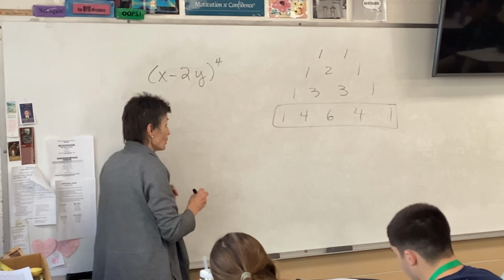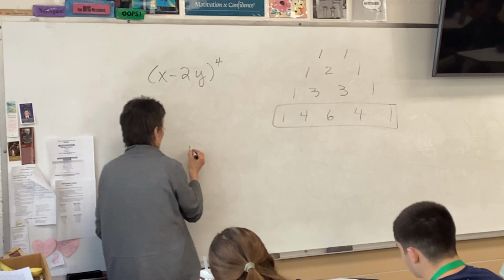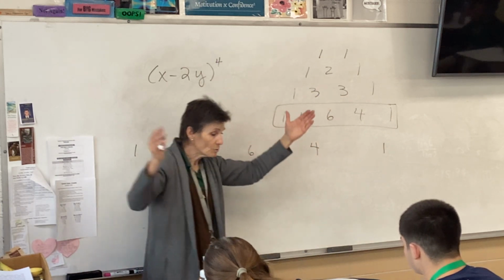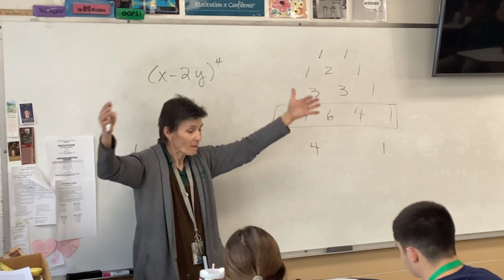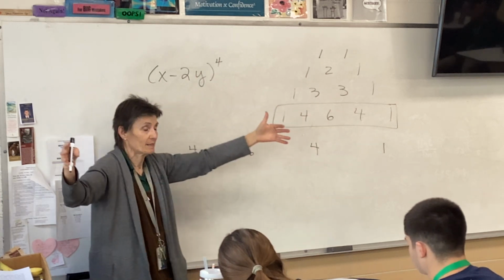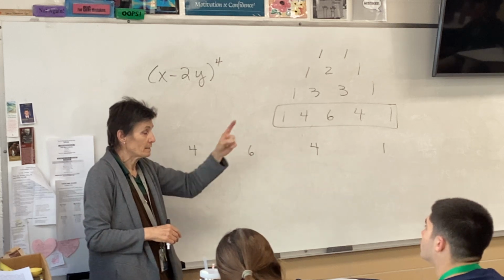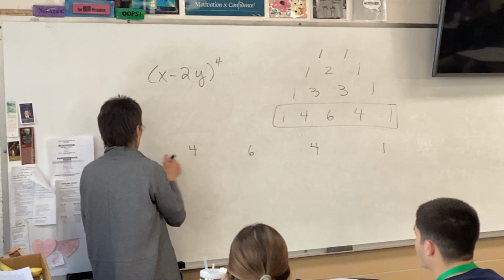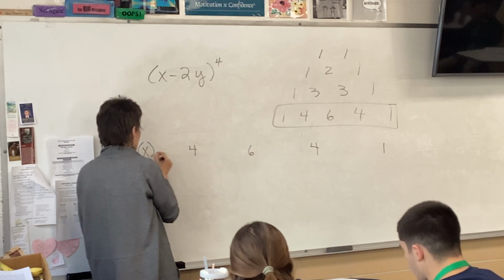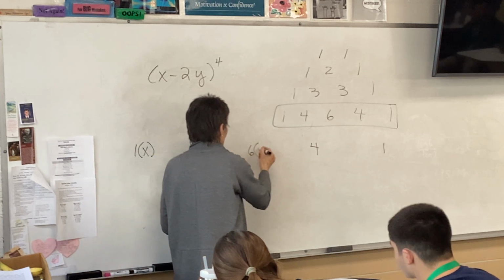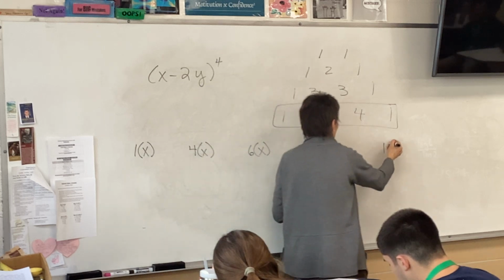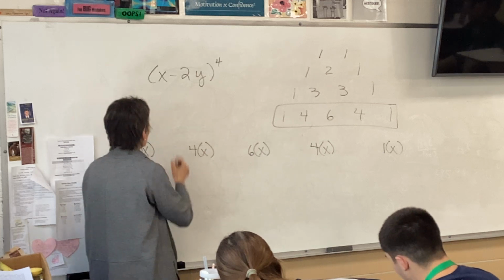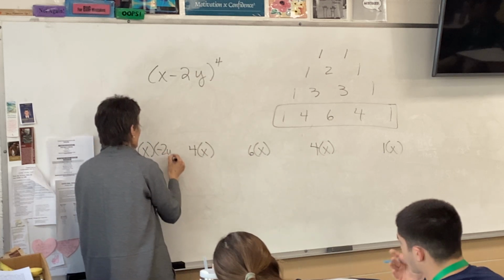Now, write down those coefficients. So here they are: 1, 4, 6, 4, 1. And use the page. It's an expansion problem. It gets big. Step 1, done. Step 2, next to each of these numbers, put an x, and notice I'm putting it in parentheses, and then put a negative 2y.